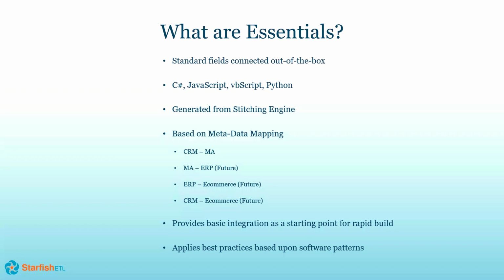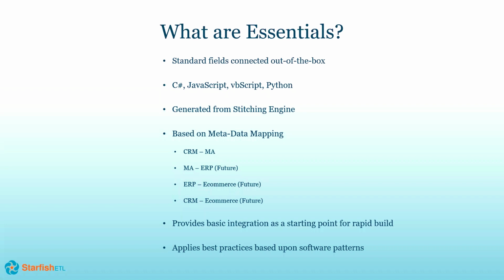Right now, obviously today we're talking about Creatio and HubSpot. That's a CRM and marketing automation connection. That's one of our strongest focuses with Essentials right now. As you can see from this list, we are expanding that. So currently, aside from the HubSpot and Creatio integration, we also have HubSpot and Sugar and HubSpot and Infor.